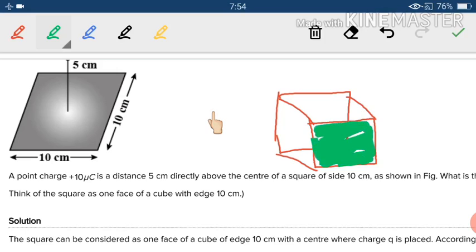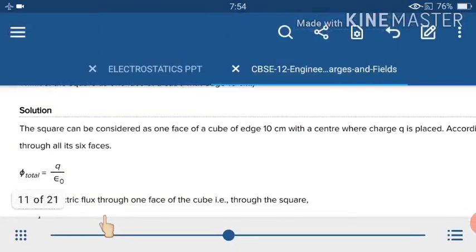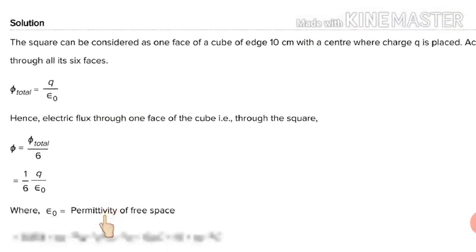Now we need to calculate the electric flux through this face of the cube. So this cube is a Gaussian surface, and a charge is there inside it. So we can easily use Gauss law, which says that flux is equal to Q upon epsilon naught.